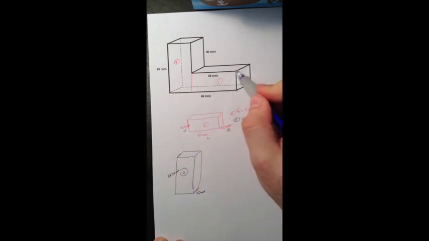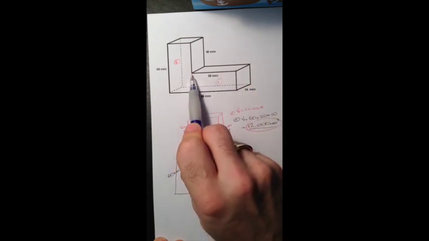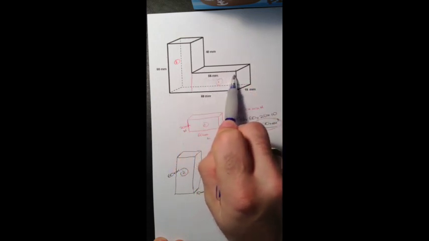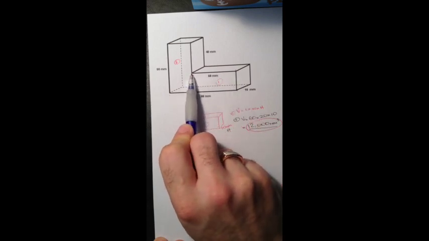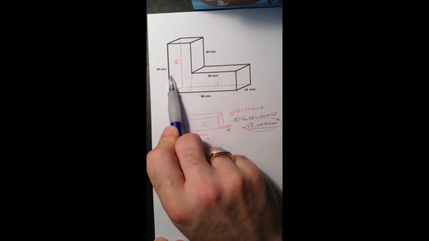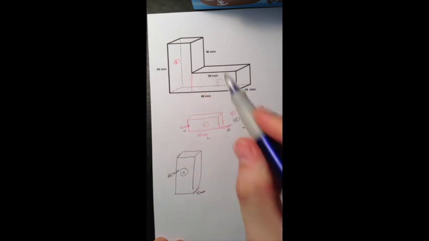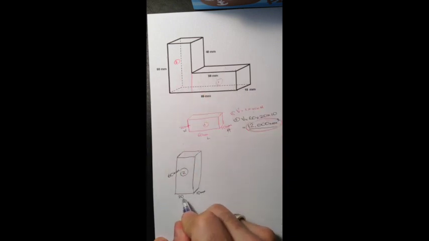And we also know that from here to here, where we divided our shape, it's 60 millimeters long. How much further do we have to the other side to get to 80? We have 20 millimeters. So our bottom side here is going to be 20 millimeters long, okay?